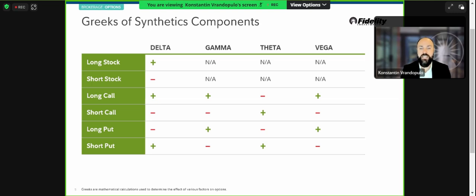This is going to be a key component to understand when we're starting to combine things. What are we doing? We're either trying to eliminate option-centric risk or add option-centric risk to create something else.